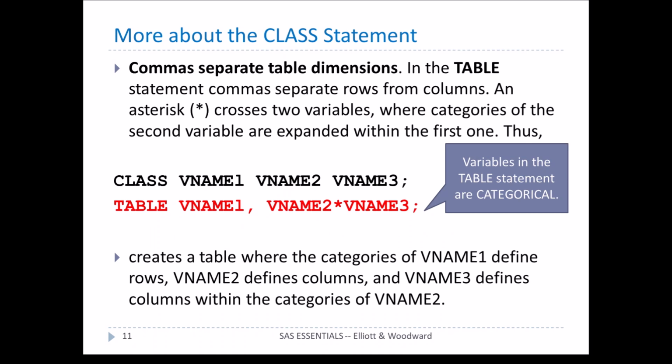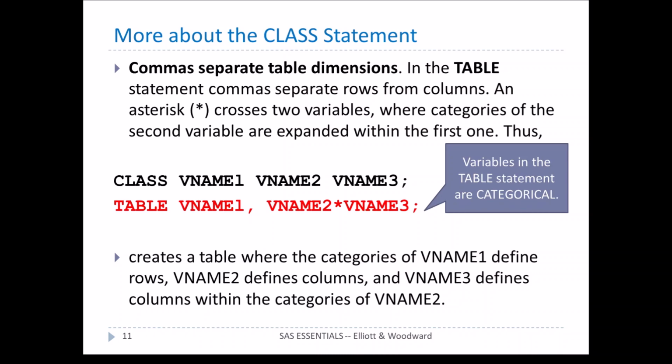More about the table statement. As we see, commas separate table dimensions. In the table statement, commas separate rows from columns, and an asterisk crosses two variables where categories of the second variable are expanded within the first.